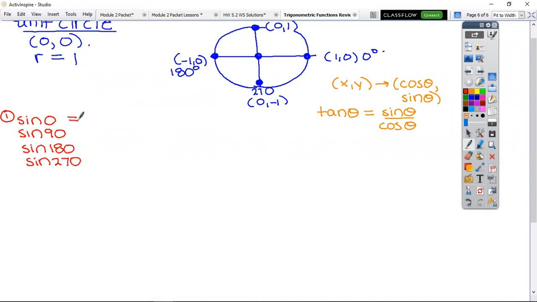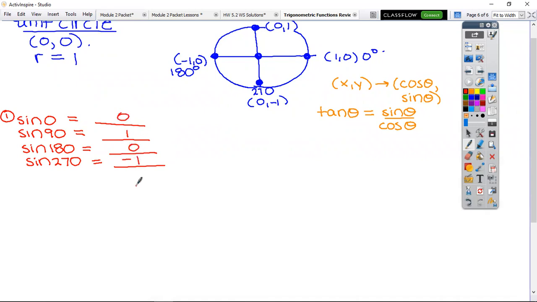Okay, so let's grab all of those first. So what that means for sine is I am going to look at all of the y values going right around my circle. So ready? My y values are 0, 1, 0, -1.